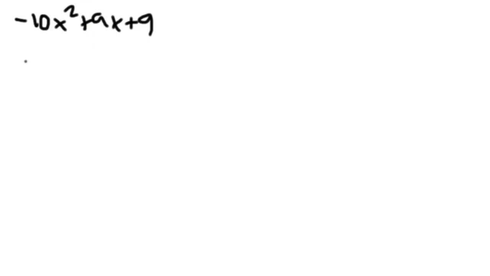We're going to do the same process, but it's a little more involved because my leading coefficient's not a 1 this time. My a times c is going to be negative 90. With the negative 90, the negative doesn't really matter for now; it will come into play later. So now I want factors of 90.